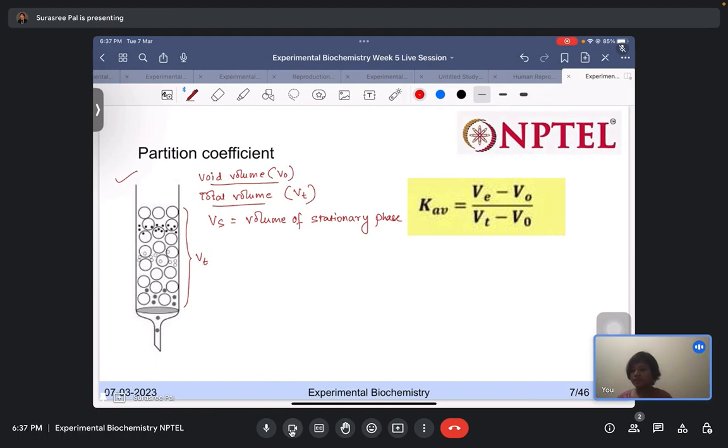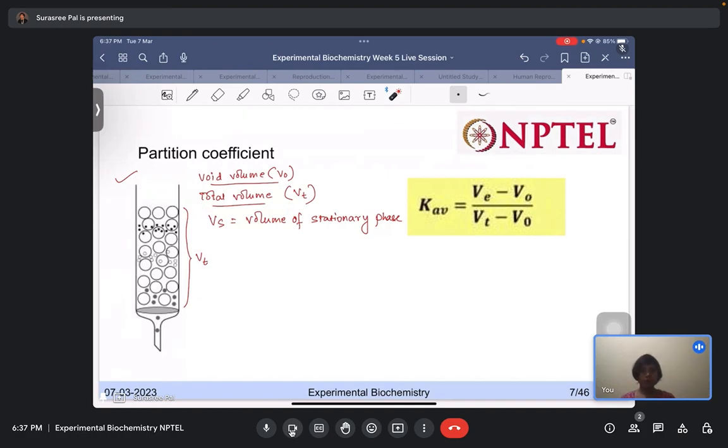Whereas what is V0, or void volume? Void volume is the volume which is unoccupied by the porous beads, right? So you can see that there is a space between the porous beads. So this is the volume which is unoccupied by the matrix or by the beads. That is your void volume.